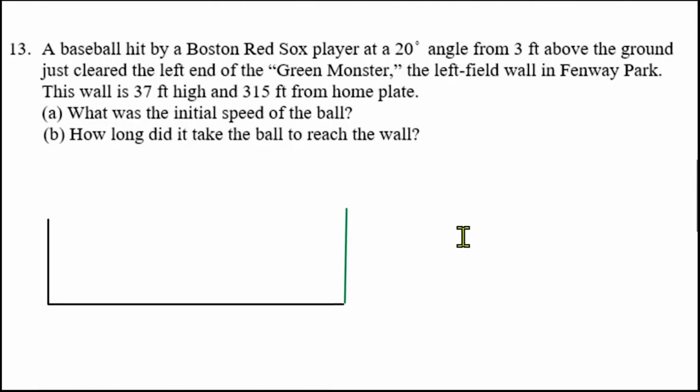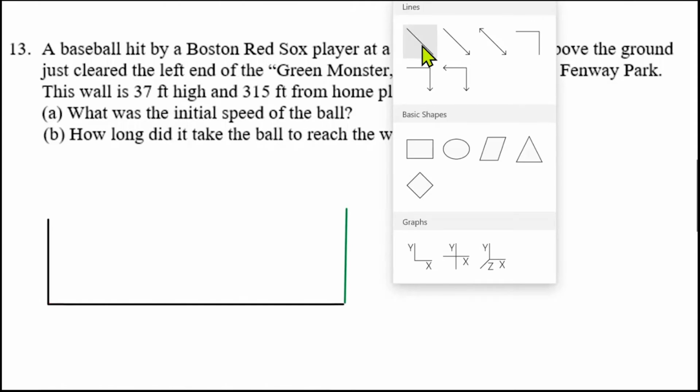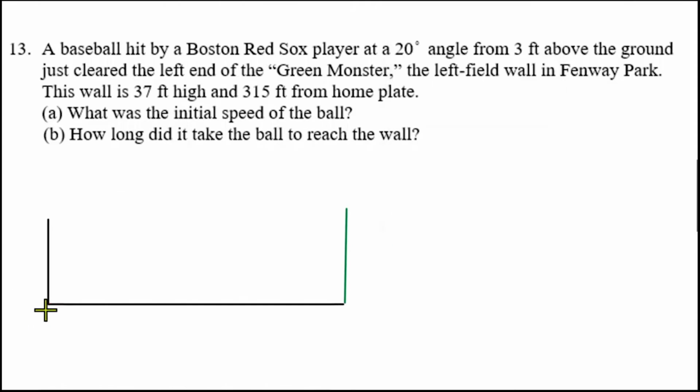So the baseball was hit right here, and so it has some kind of initial velocity at some angle, right? And this is 20 degrees. This is an exaggerated picture, so I can make it go over.